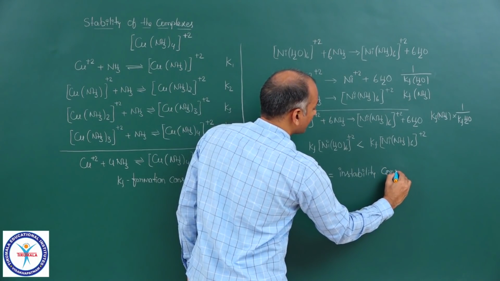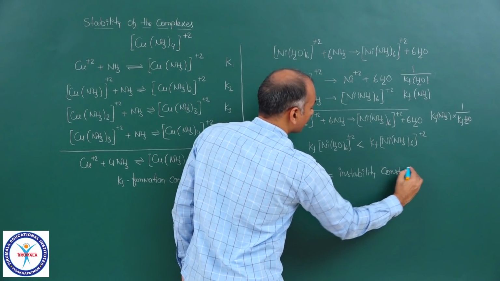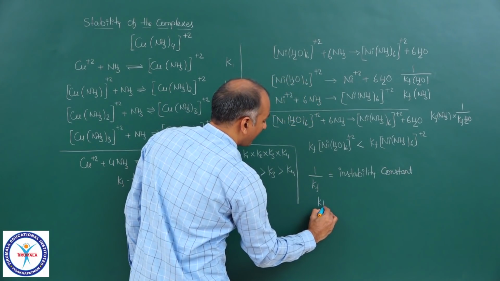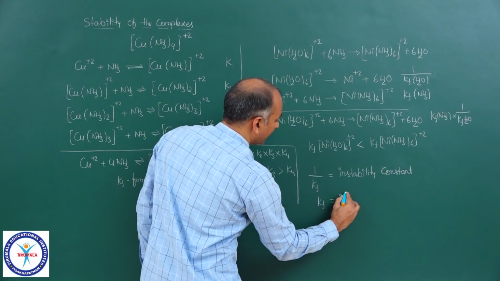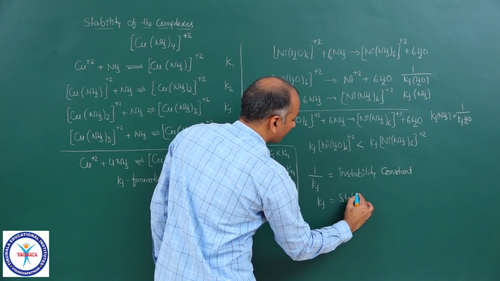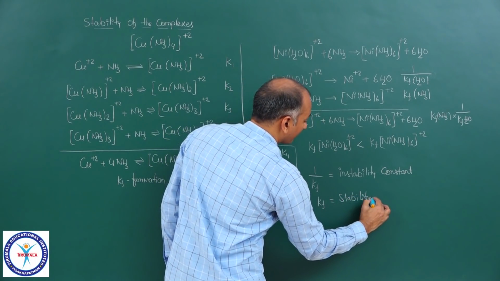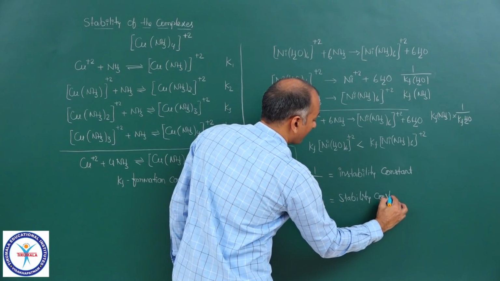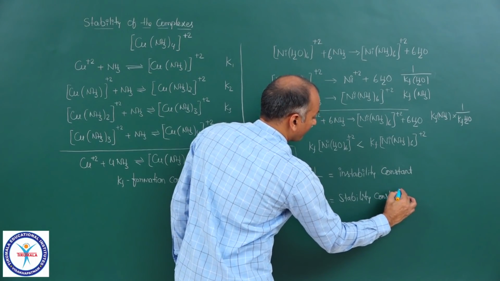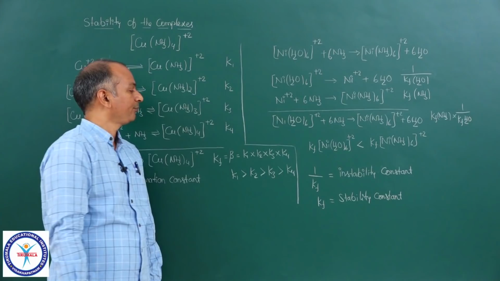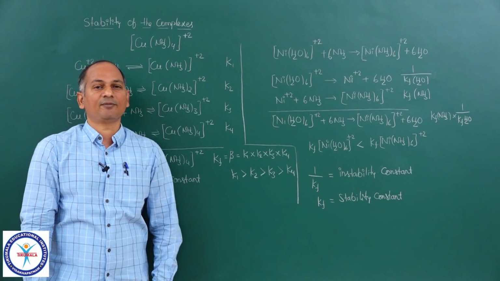And Kf is also called the formation constant or stability constant. Now this is all about stability of the complexes.